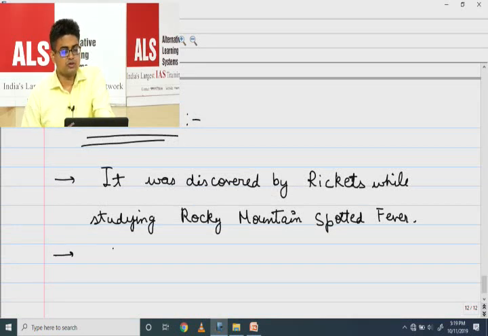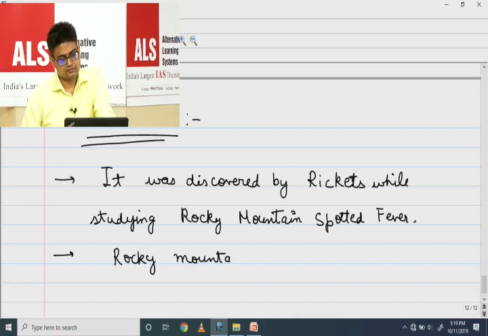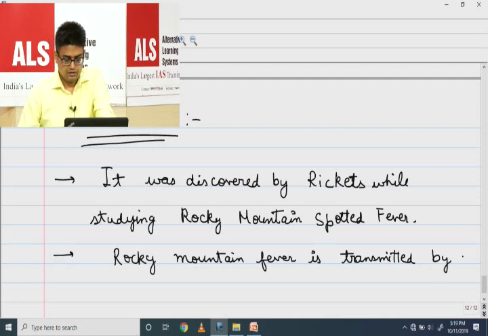Only one question is asked from it: Rickettsia in Rocky Mountain spotted fever. Rocky Mountain fever is transmitted by the bite of ticks. Ticks are very small organisms.